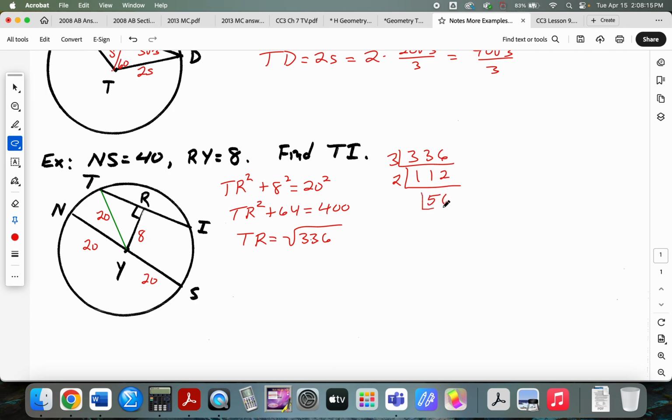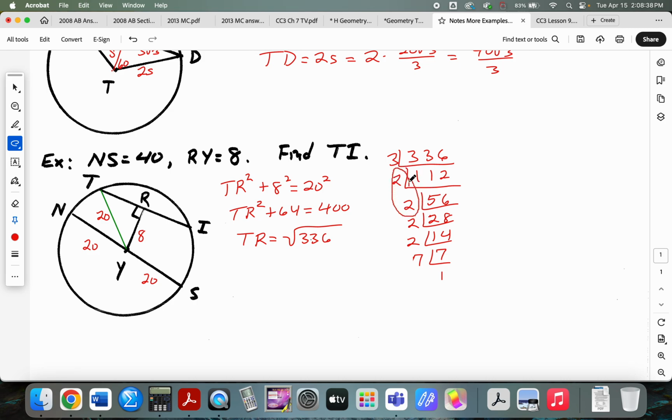That's 56. 2 goes into 56 28 times. 2 goes into 28 14 times. 2 goes into 14 7 times. And 7 goes into 7 once.